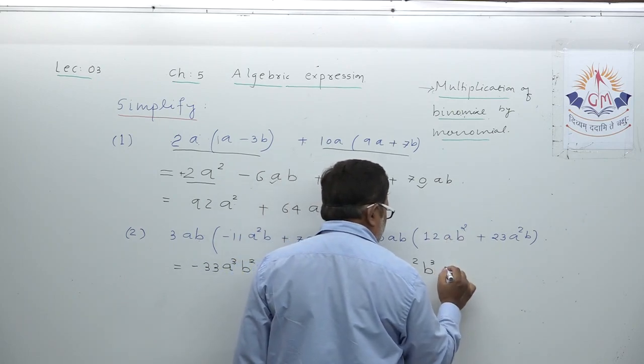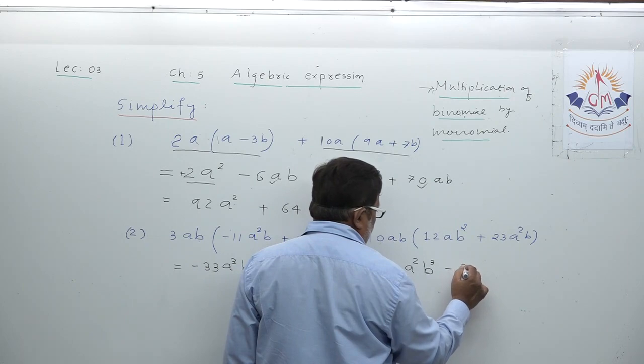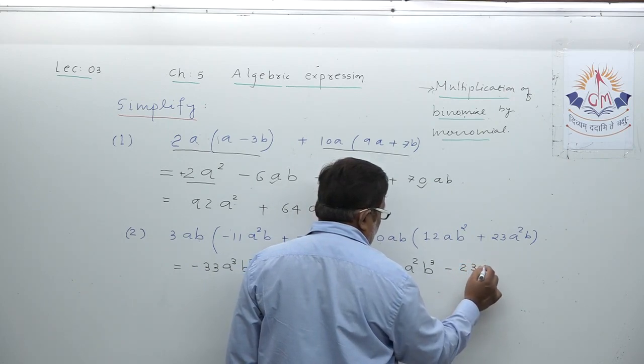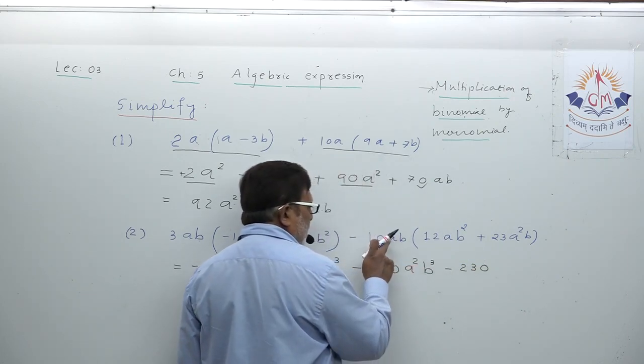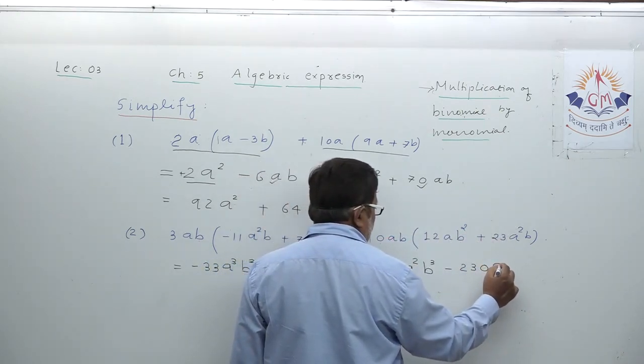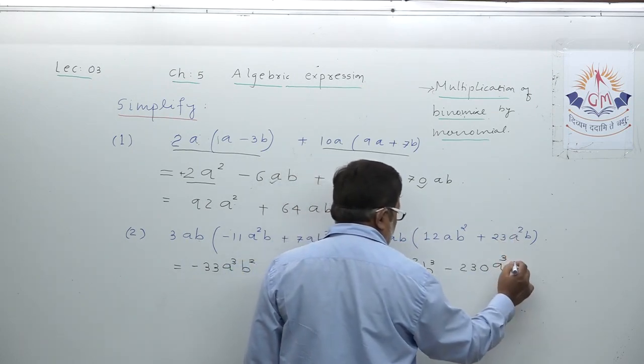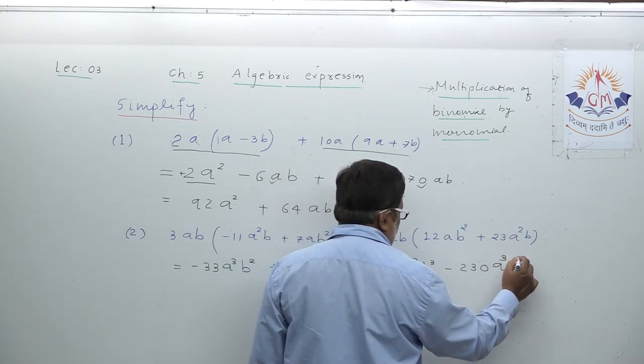Minus plus minus 10 into 23, that is 230. A raised to 1, a square, that is a cube, b into b, that is b square.